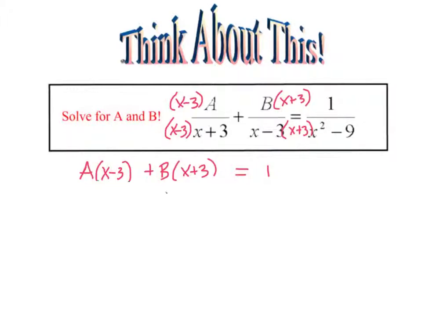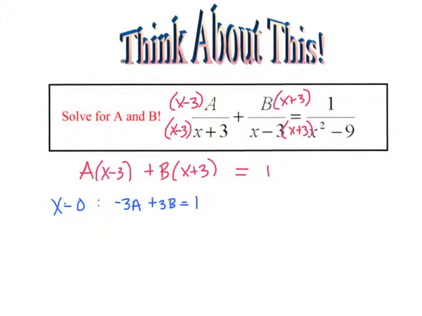Well, now you have to pick some x's. And you could pick any x's you want. You could pick 0 or 1 or 2 or whatever. And because we have two unknowns, a and b, you would have to pick two x's. So for instance, let's say you said x equals 0. That means that if I plug that in, I get negative 3a plus 3b equals 1.